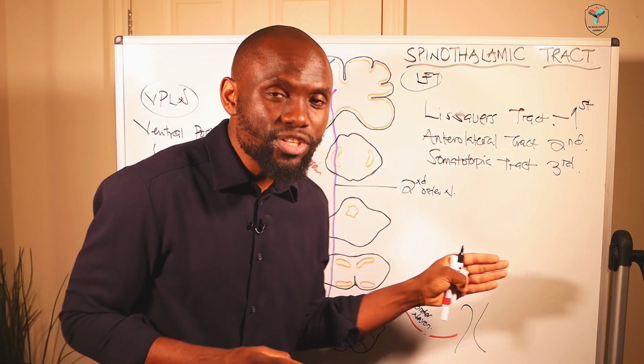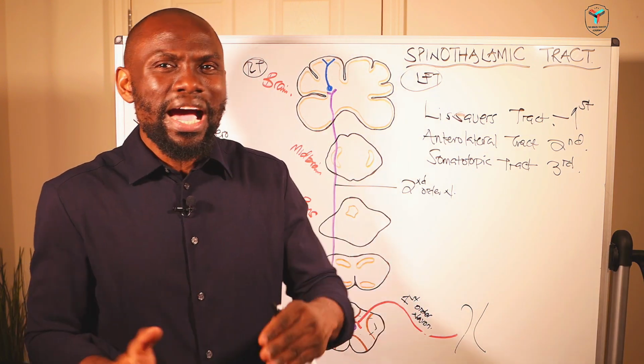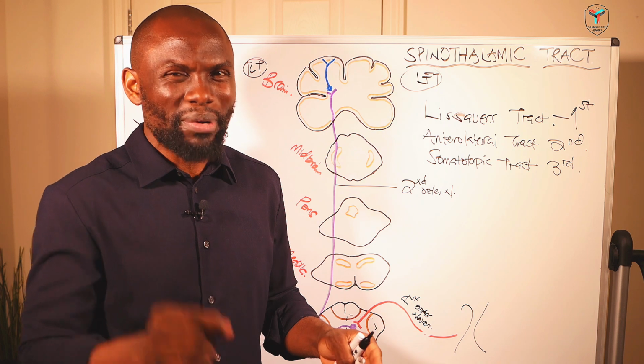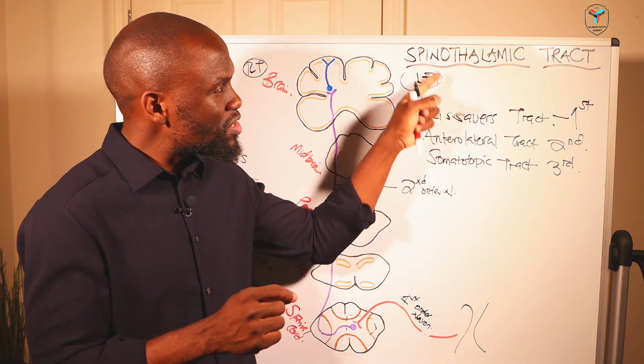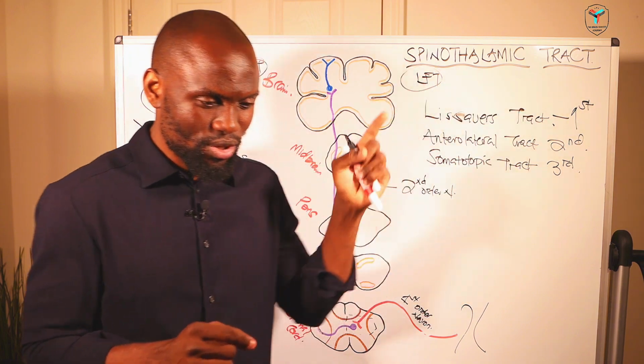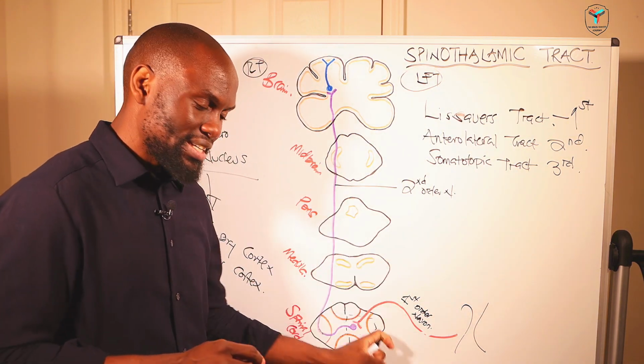All this is only possible through the first order neuron, then the second order neuron, and then the third order neuron. But it is important to mention the distinction between the spinothalamic tract and the dorsal column medial lemniscal pathway.